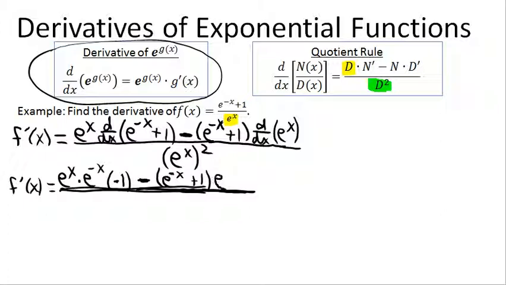But the derivative of e to the x is e to the x times the derivative of x, which happens to be 1. And then looking at the denominator, when you have a power raised to a power, you multiply. So e to the x quantity squared is e to the 2x. When you raise a power to a power, you multiply the exponents.